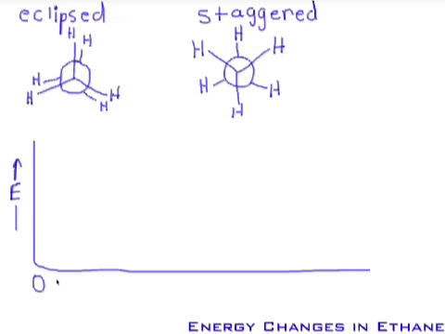And we're going to rotate through to 360 degrees. Going to rotate right around the sigma bond. So halfway is 180 degrees. And halfway between that is 90 degrees.